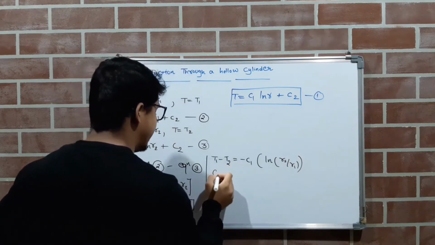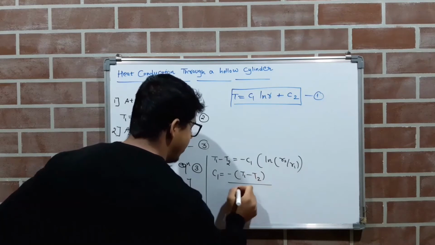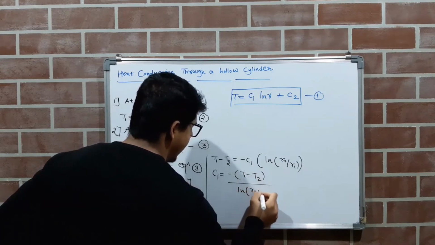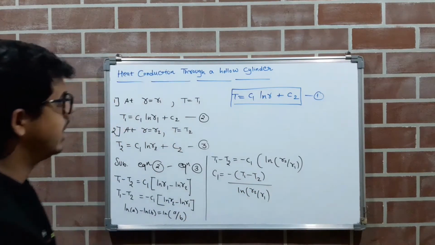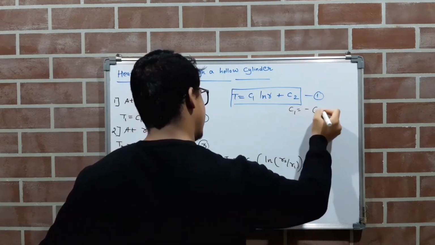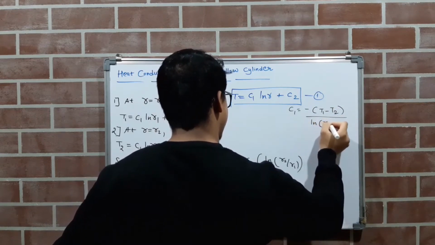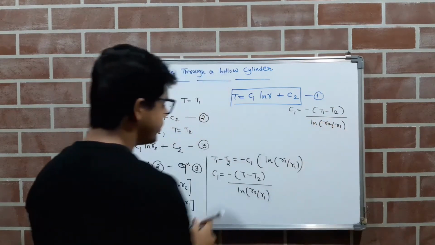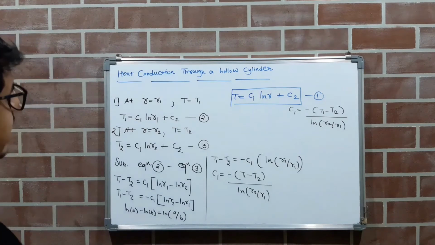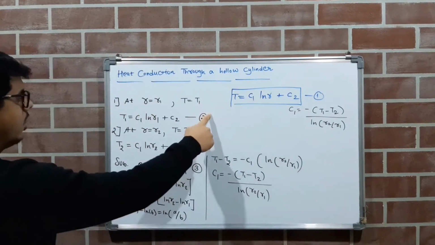Now from this I can get C1 equals minus of T1 minus T2 upon ln of r2 upon r1. So I got the value of C1. Now we will find the value of C2. For that we will put the value of C1 in equation 2 or equation 3.